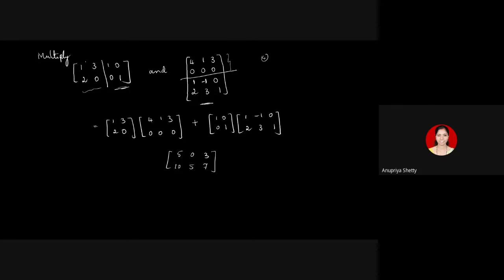This is one way of decomposing a matrix into two blocks and using block multiplication. Another way is to decompose the given matrix into four blocks. As before, we will have two matrices M and M dash, and we decompose them into four blocks, A, B, C, D, and A dash, B dash, C dash.